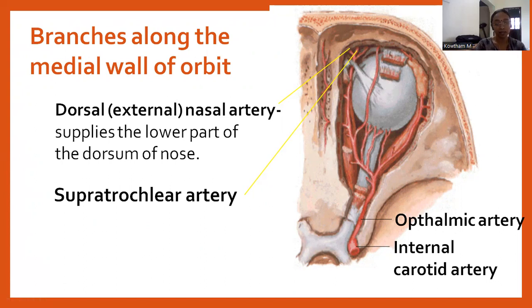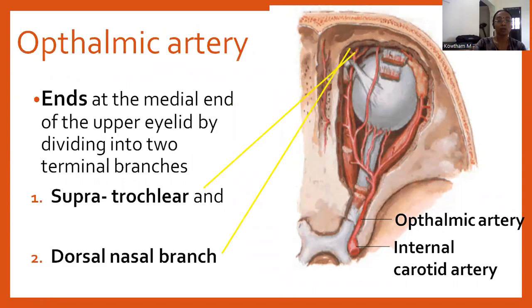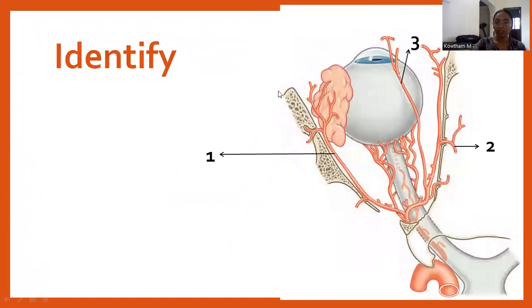That's how there is a communication between the internal and external carotid. So the terminal branches are the supratrochlear and dorsal nasal branches. The ophthalmic artery ends at the medial end of the upper eyelid. Okay. So the branches are over.